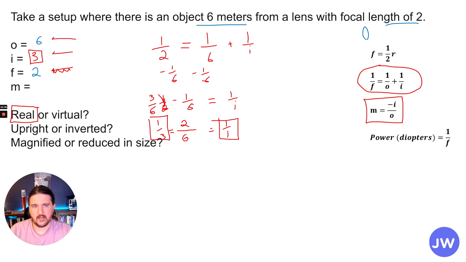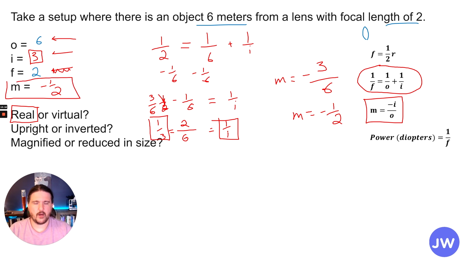My o is here, right? So my magnification is going to be equal to minus 3 over 6. So my magnification is equal to minus 1/2.